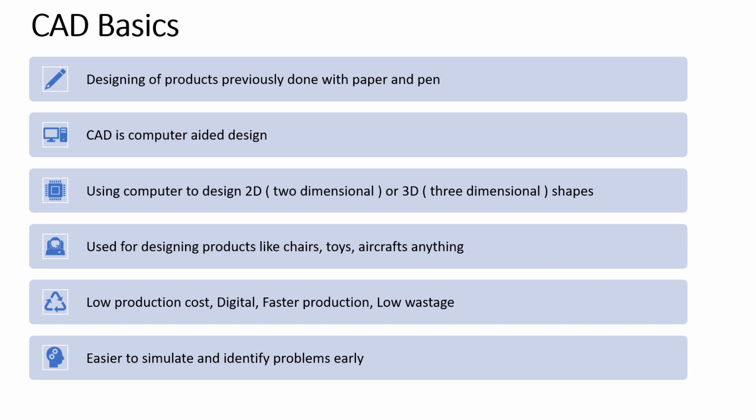In design you can identify defects in the software stage itself, so that when it goes to production, materials can be saved and large defects can be fixed. The earlier we identify the defects, the cheaper it is, and we save a lot of money and time. So those are some of the basics of CAD and its advantages.